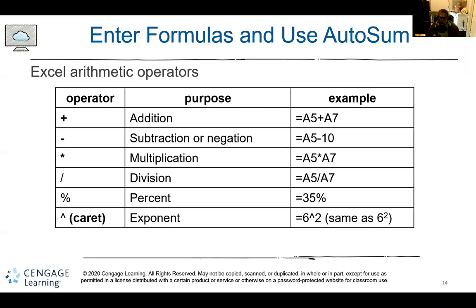Even though you put a 10 in there, you're making it hard coded, and you don't want to do that. You want to make it so that you can be fluid. If you wanted to change the value located in A7, then you could do that, and you don't have to look around for where you stuck the 10. And of course, your multiplication, division, percentages.